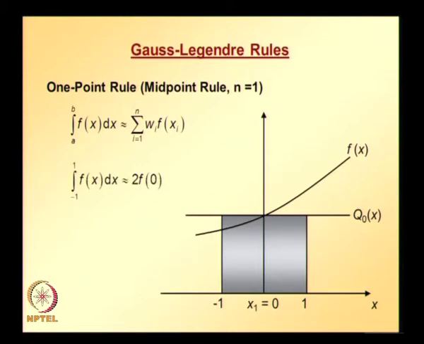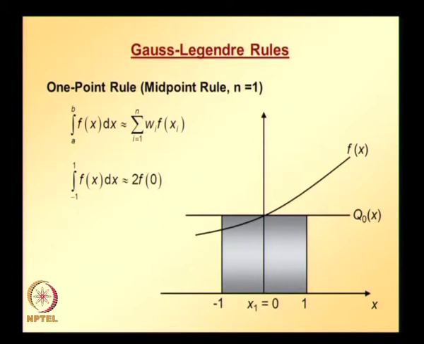So, the integral from minus 1 to 1 of f(x) dx is approximated as some weight times the function evaluated at the midpoint of minus 1 to 1. What is the midpoint of minus 1 to 1? It is 0. So, the function is evaluated at 0, and the weight here is 2. So, 2 times the function evaluated at 0.